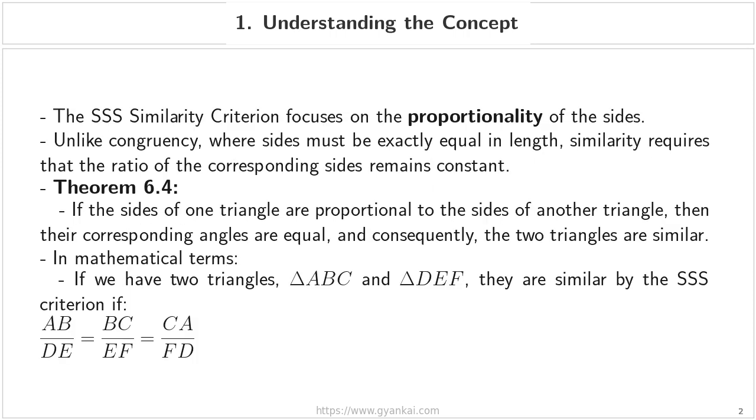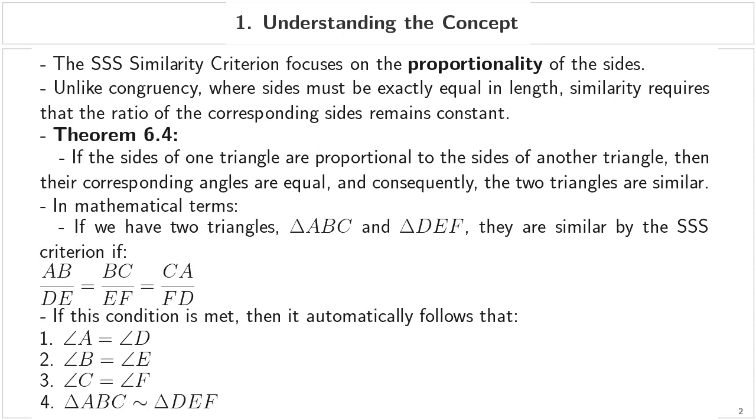Let's look at this mathematically. Suppose we have two triangles, triangle ABC and triangle DEF. We can prove they are similar using the SSS criterion if the ratio of side AB to side DE is equal to the ratio of side BC to side EF, which is also equal to the ratio of side CA to side FD.